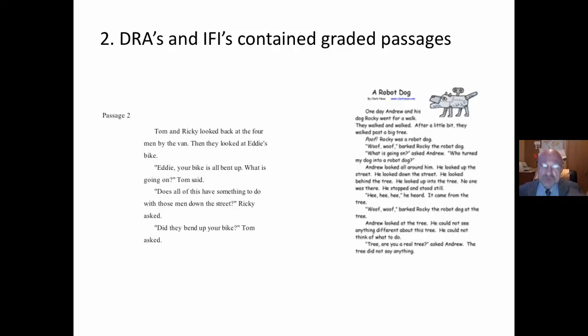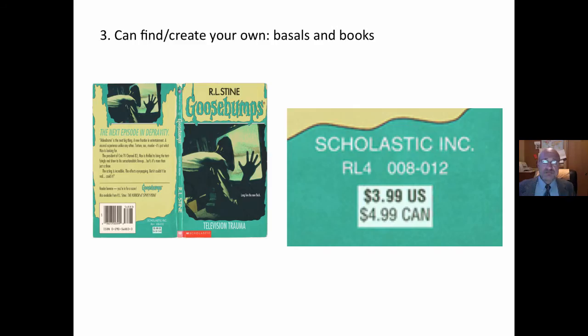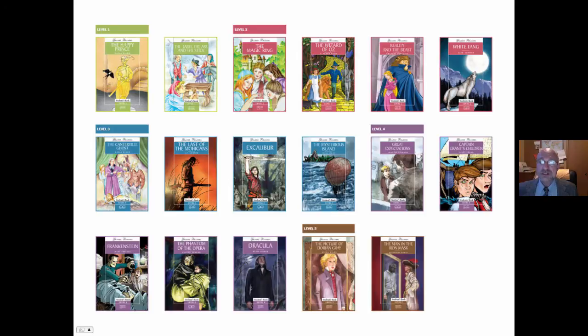Now, most or all commercially prepared diagnostic reading assessments, informal reading inventories, contain graded passages that you can use. However, you can create your own or find your own using basals, which are graded or leveled, or books. If you look on the back, you can see the reading level. Most books today come with the approximate reading grade level.